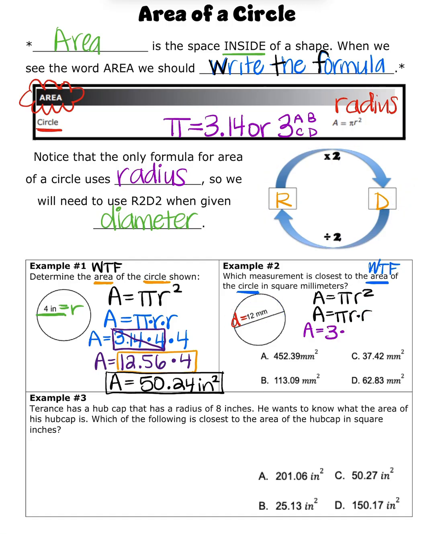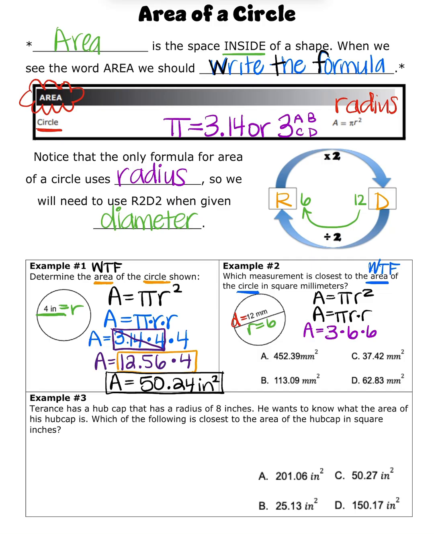So I'm going to say, okay, if the diameter is 12, 12 divided by 2 will be 6. So my radius is 6. And now I can continue to plug in. So 3 times 6 times 6.